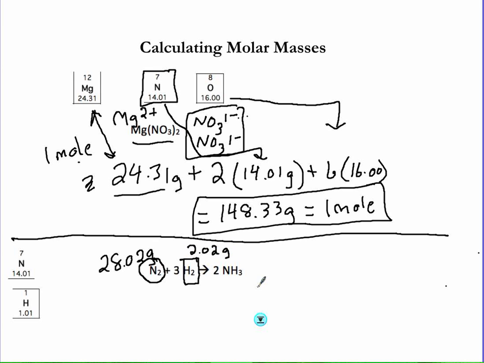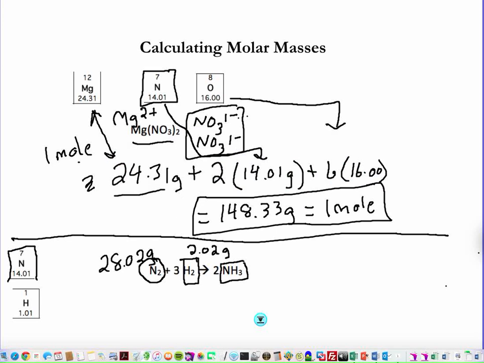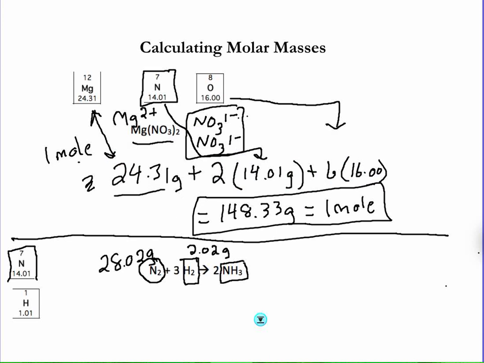And then what I have right here for NH3 is one of the nitrogens, and we have 3 of the hydrogens. So if we get out the calculator and do that, we end up with an answer of 17.04. And that's grams.